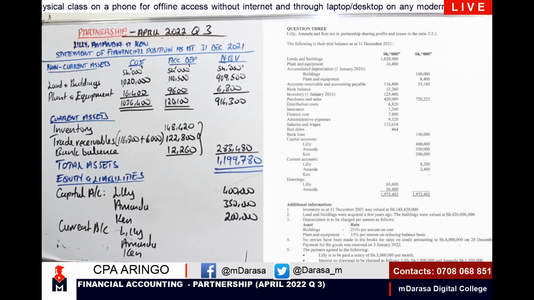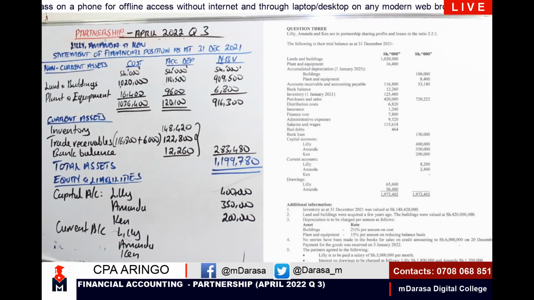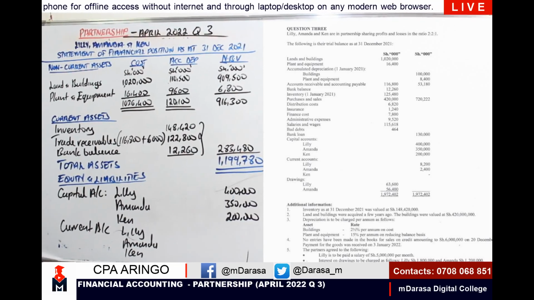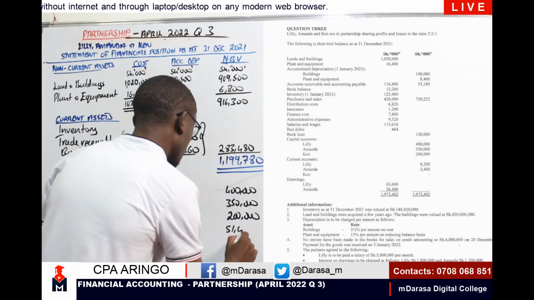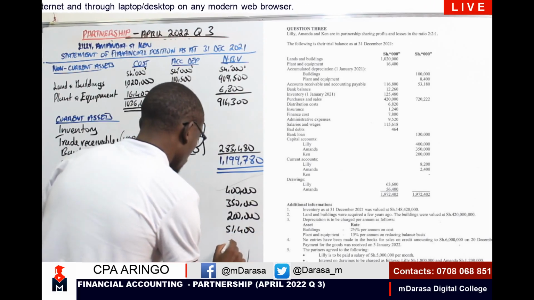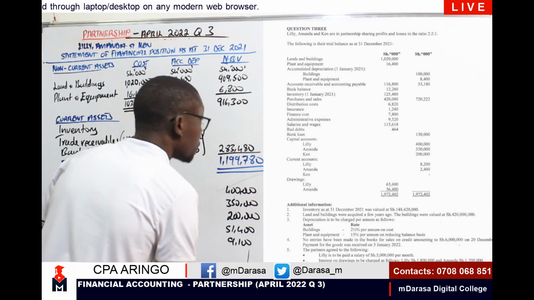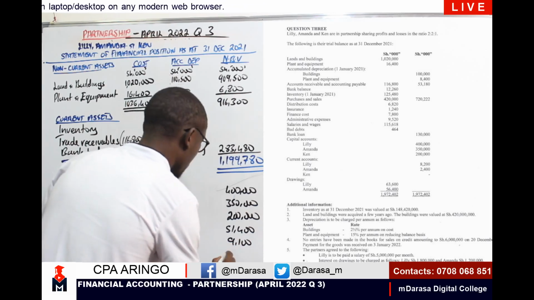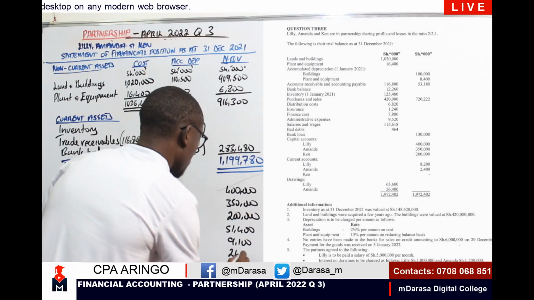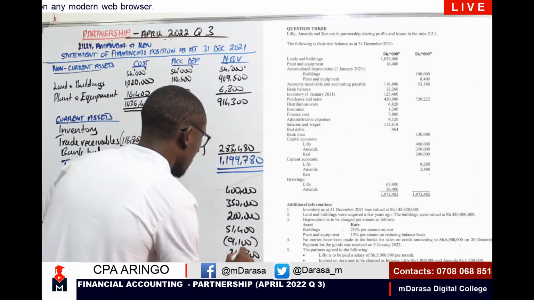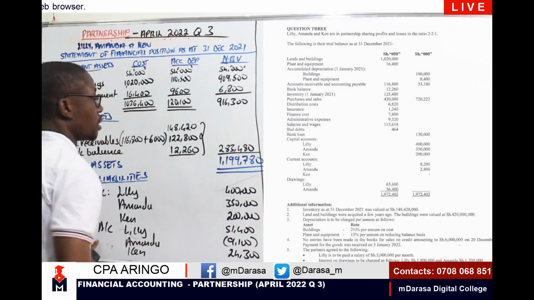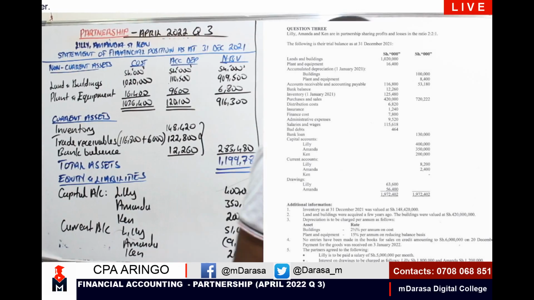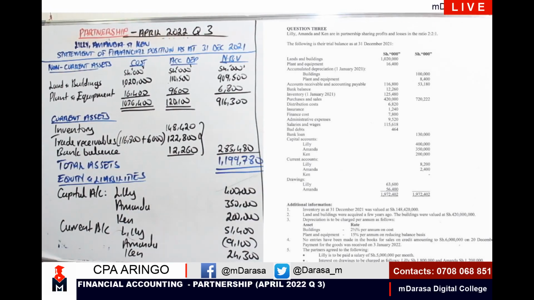Mine, we had written 51,400, a negative of 9,100, and 24,300. Remember, the one that you are determining in our current accounts. That is what Mwalimu is taking.